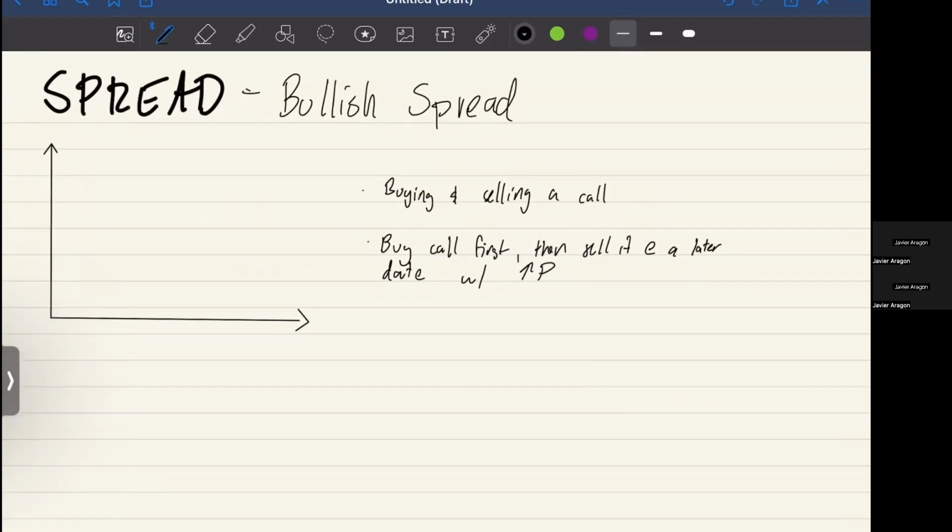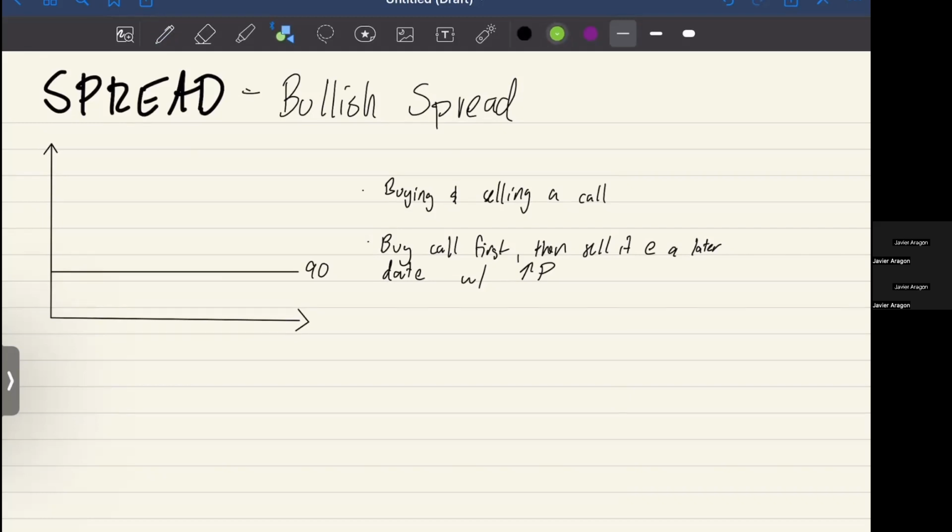And this one's really interesting because say your stock right now is currently at 90. You think to yourself, I think this stock's gonna go up. By the way, this one you do not need to actually physically own the stock.